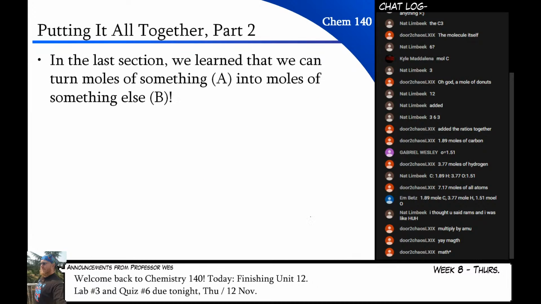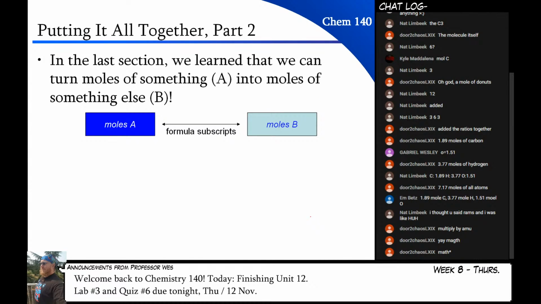So what that means is that if these moles on the left here can turn into grams and particles, and these moles on the right here can turn to grams and particles, I now have a way to get from any part of this grid that I've made to the other.